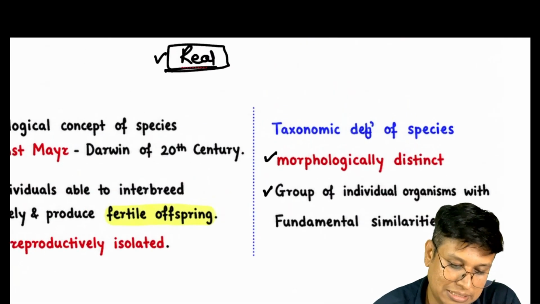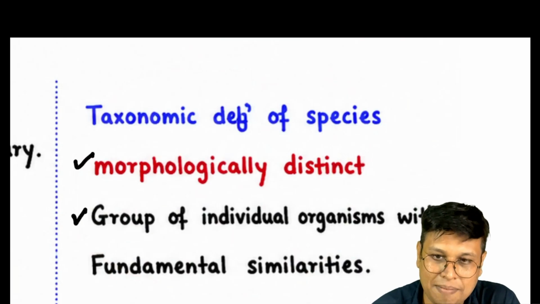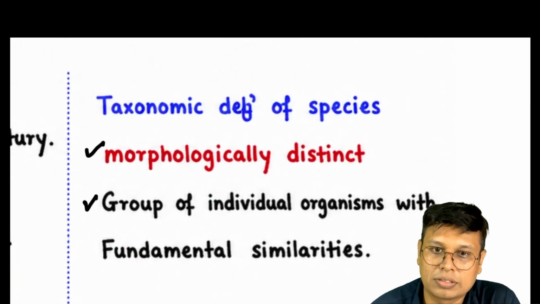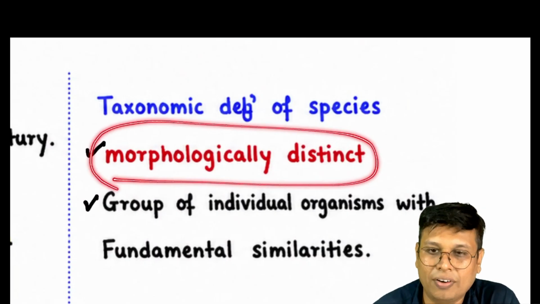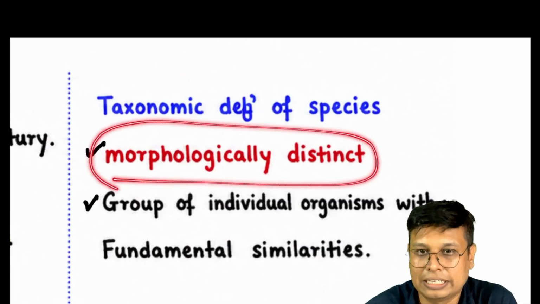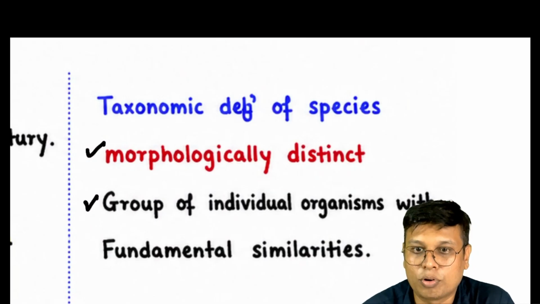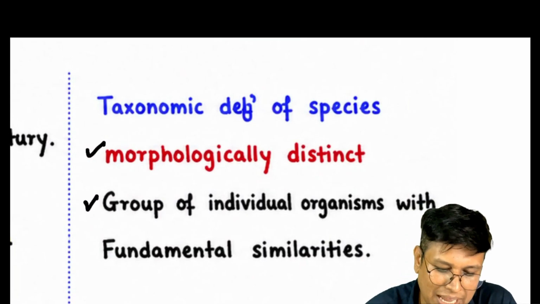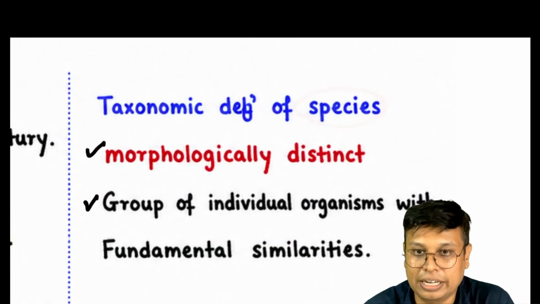But this definition failed due to various examples in nature, because though they may be morphologically distinct, like fur color in organisms, that generally changes, they still can produce offspring. So many times this rudimentary species definition created problems.